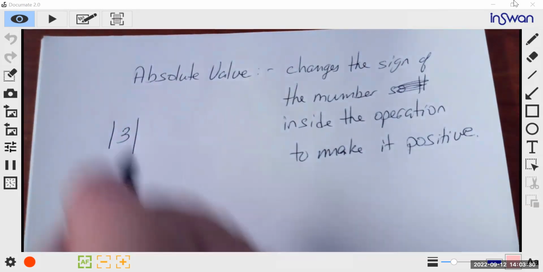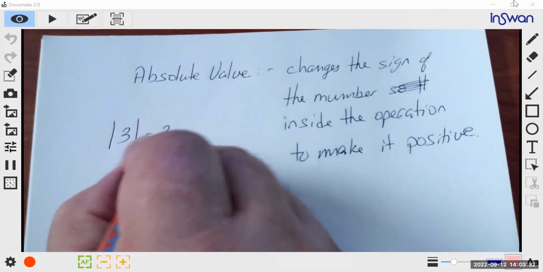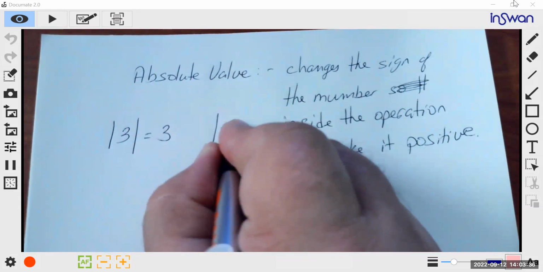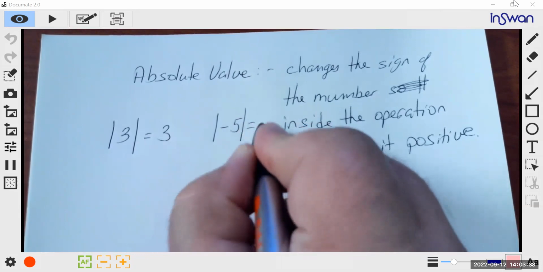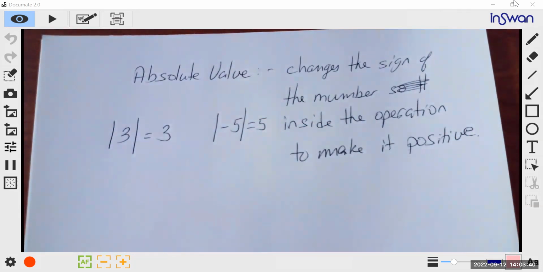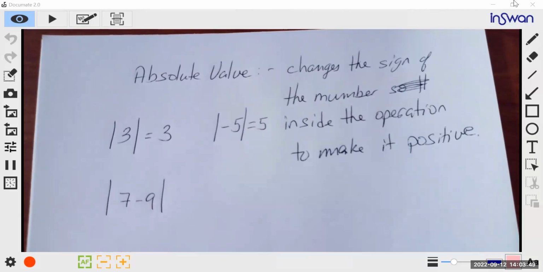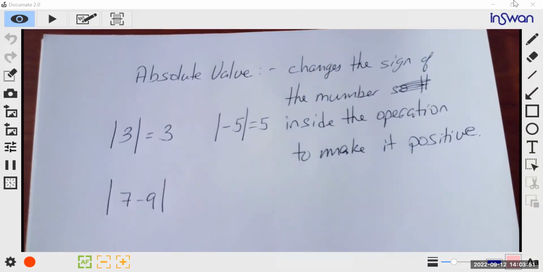The absolute value of 3 is 3. The absolute value of negative 5 is 5. So it's a value. You cannot have an equation inside there.